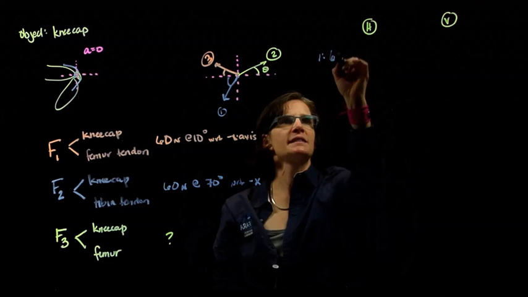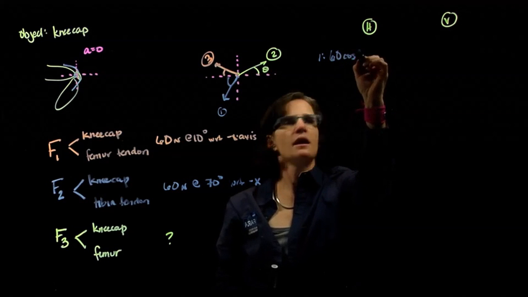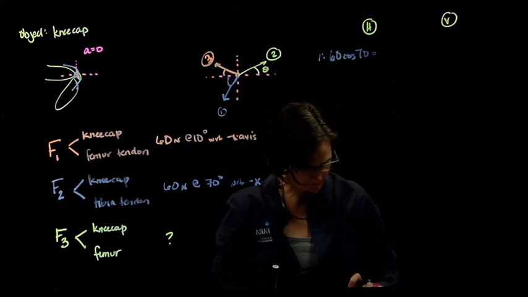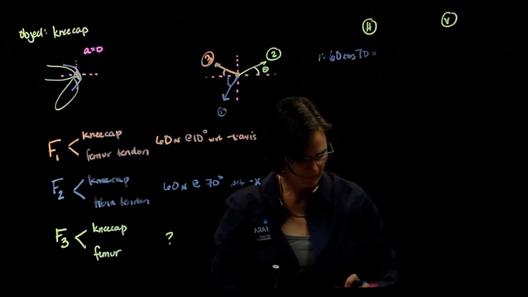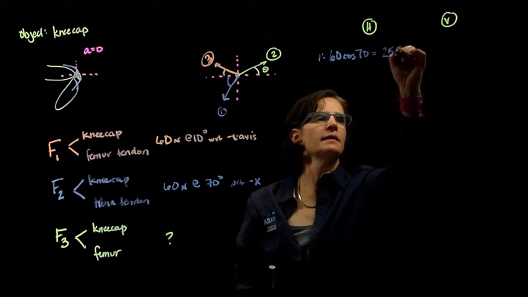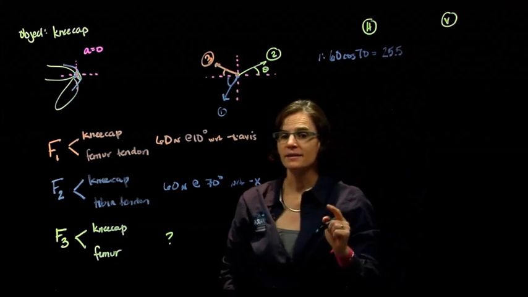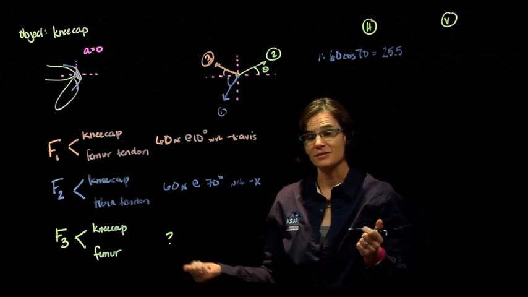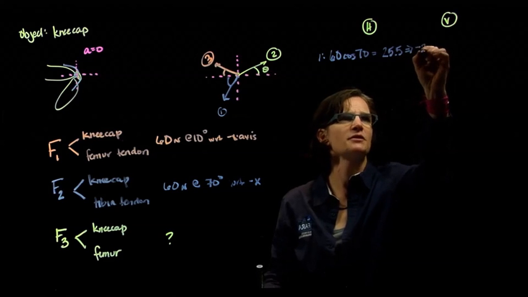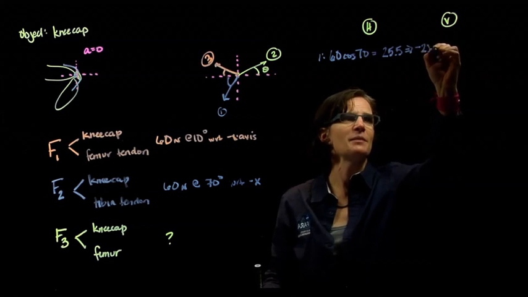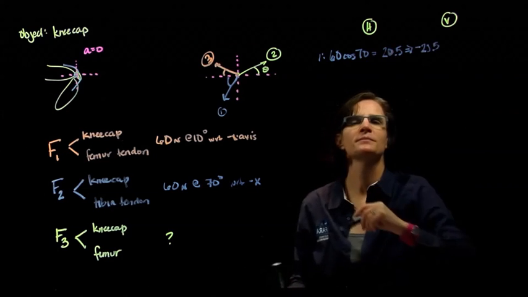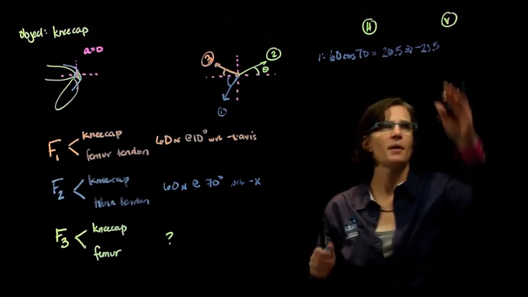So we have 60 times the cosine of 70. That gives us 20.5 newtons. But it's pointing to the left, so I need to remember that this then becomes negative 20.5.